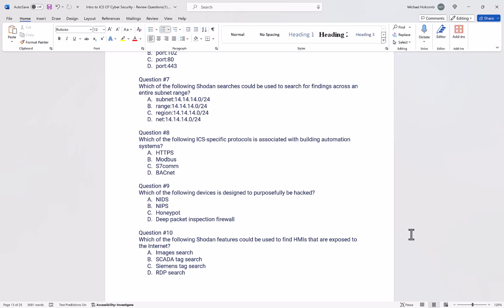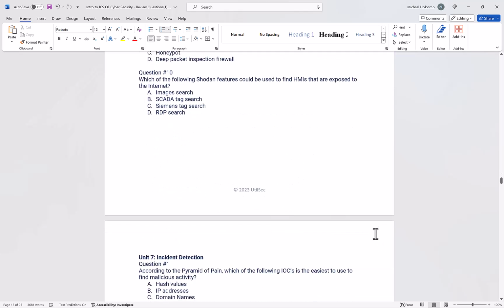But you can use that images search to literally look at the screenshots Shodan takes of all the assets that it finds, mostly webcams, right? But every once in a while you'll find those HMIs. That's the way to do it without spending the $10,000 a month or whatever it is for the big major account for Shodan.